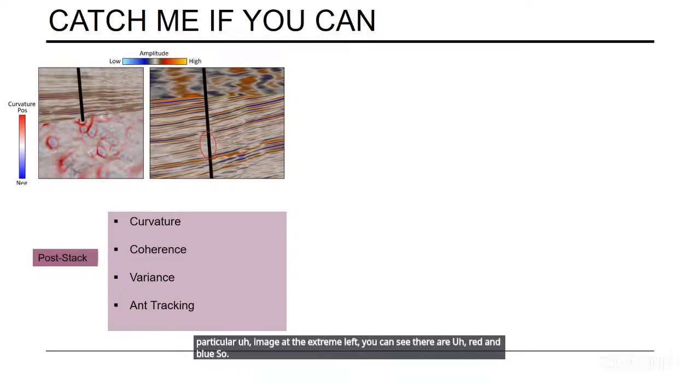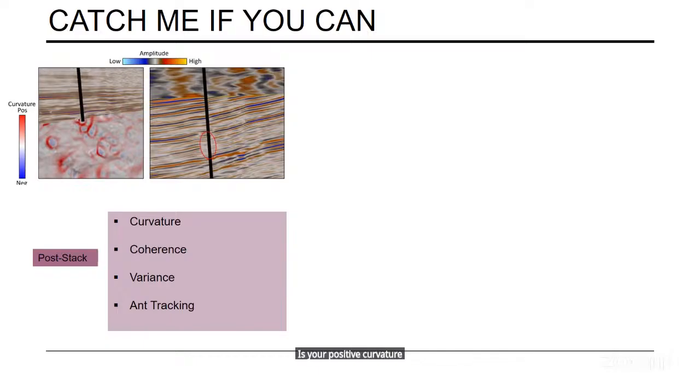Looking at the color scale, the red is positive curvature, and the blue is negative curvature. For more understanding, the black line is nothing else but the well track.